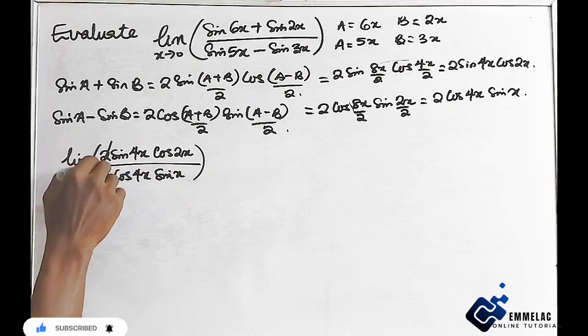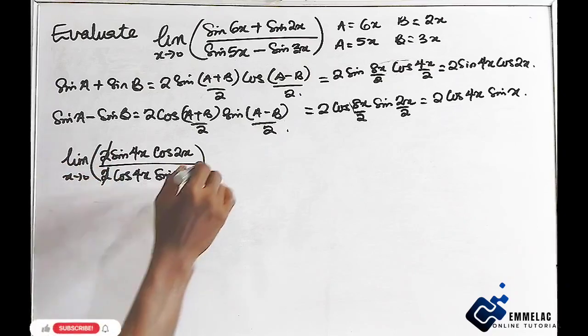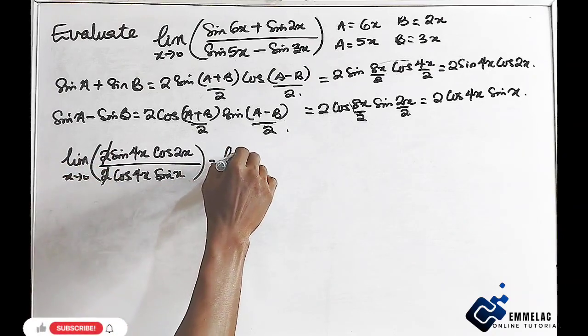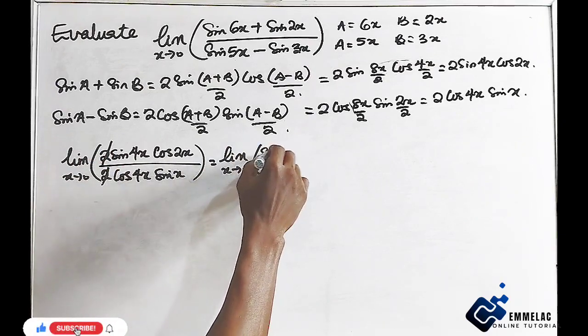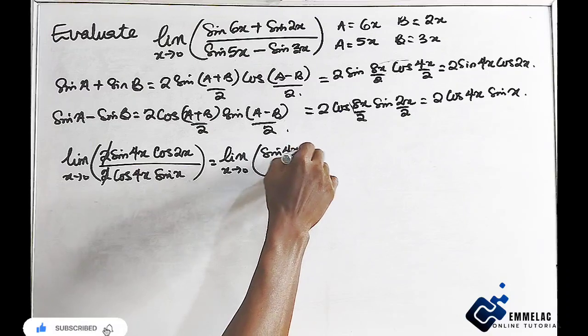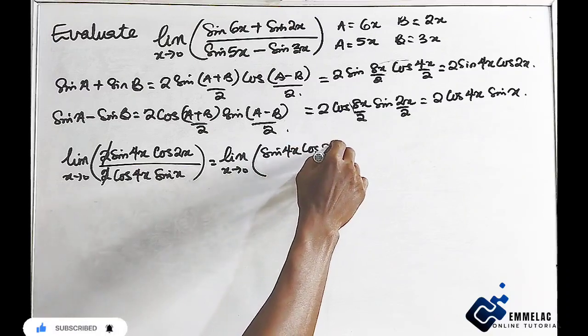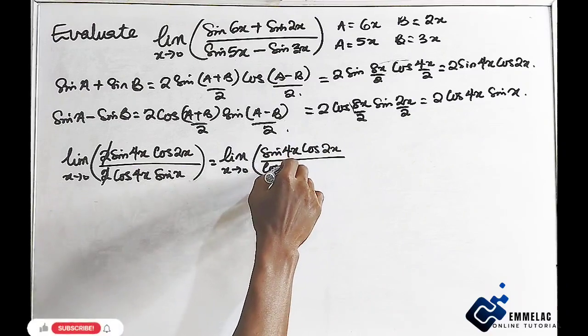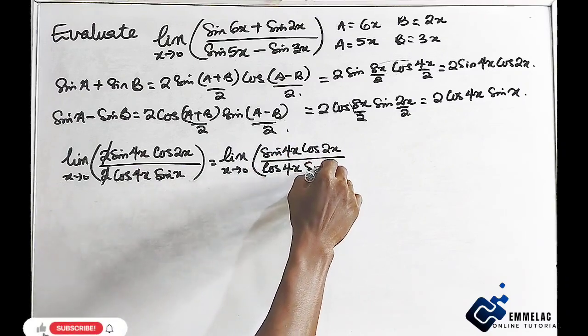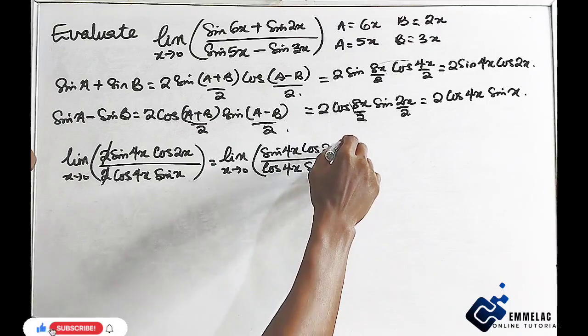At this point we can eliminate the 2, so we are left with the limit as x tends to 0 of sin 4x cos 2x all over cos 4x sin x.